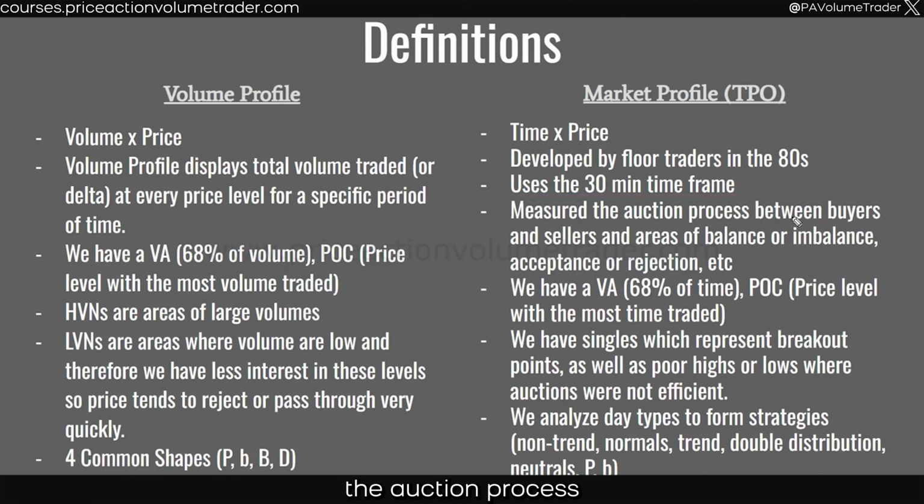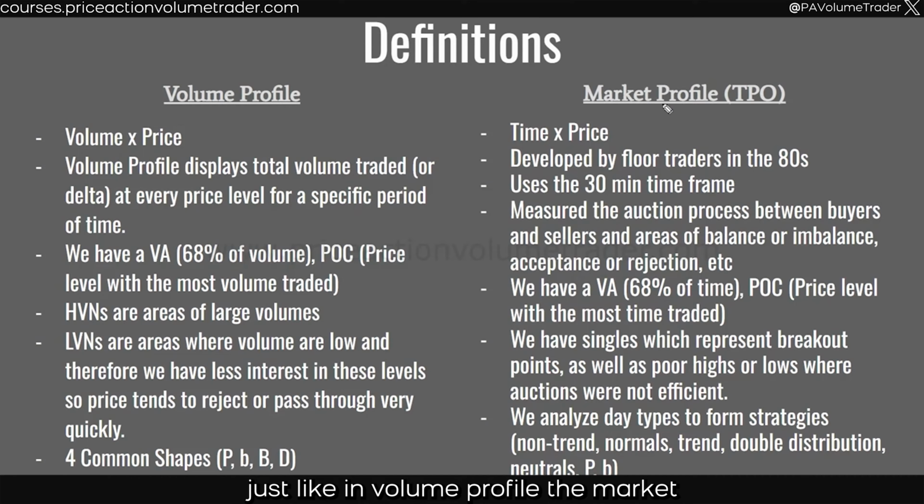It measures the auction process between buyers and sellers and areas of balance or imbalance, acceptance or rejection, etc. Okay, so for me, market profile, the main utility that I see for it is as a way to organize data, and you can zoom out and just see what areas price is finding acceptance, what areas we could be looking for an imbalance, meaning that price is going to break out or break down from a certain balance area and look for acceptance at lower or higher values, etc. And we're going to look at this more when we look at the charts.